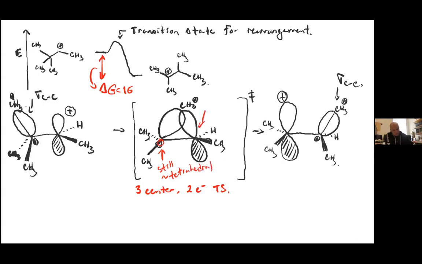This thing is near planar. It's not perfectly planar anymore, but you get the idea. You're starting to make those geometrical changes to get to the new cation. And so it's in fact those changes in geometry that create this little barrier.